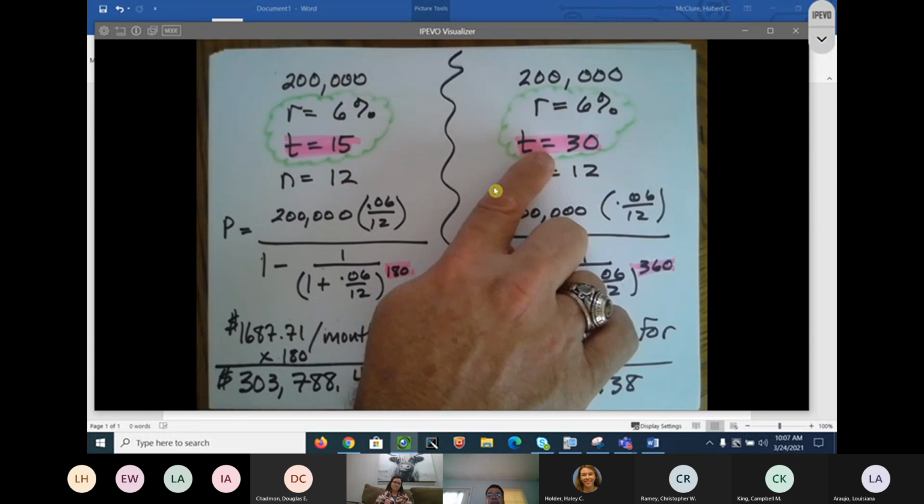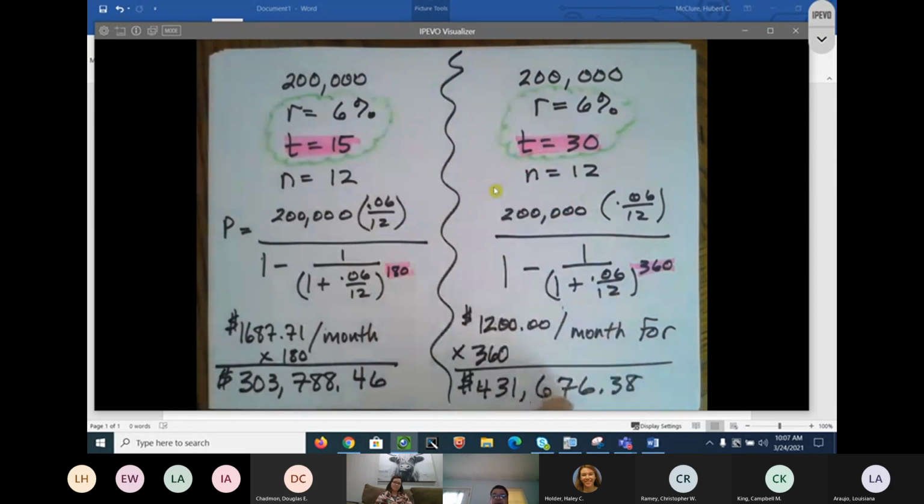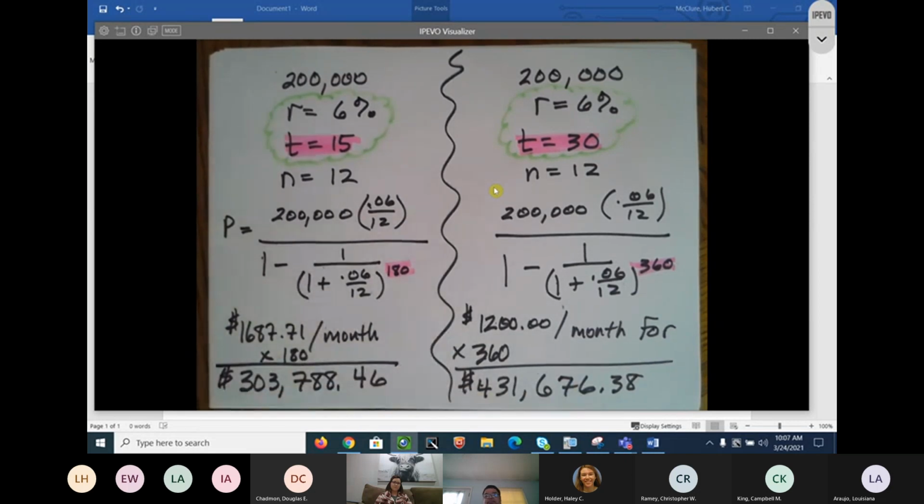They're not helping you out by extending it, because you're paying double, just about double, if not more, for the price after 30 years. Versus 100,000, you're paying over 200,000. And I guarantee you somebody in here didn't know this. But you don't need to know that kind of stuff. It's easier. Wait till we get to income tax.